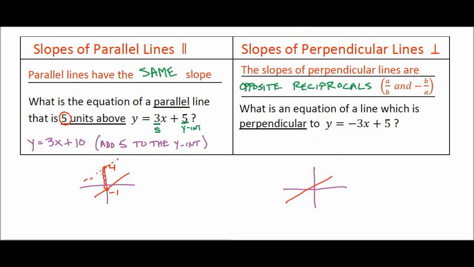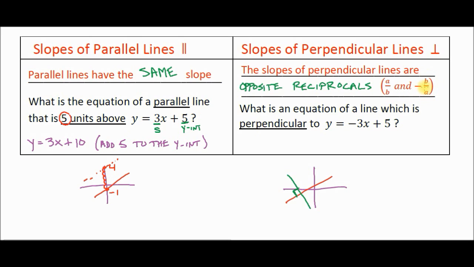If I was going to make a line that was perpendicular to that, it's going to have a slope so that where it crosses this existing red line, it's a right angle. And we accomplish that by having opposite reciprocal slopes. Here's a good example. If the slope of your initial line is a over b, then the slope of a perpendicular line to that line is negative b over a.